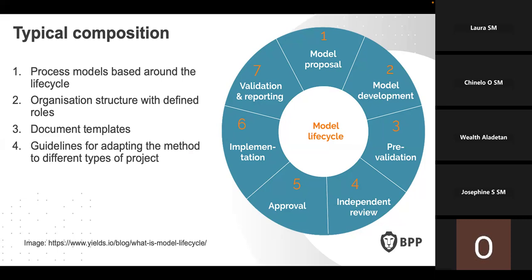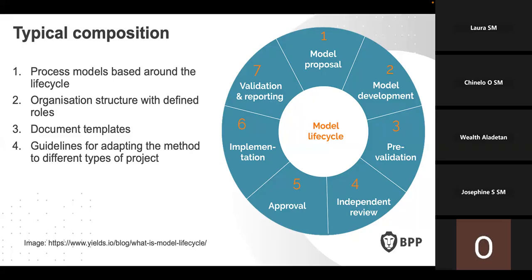Let's just say you have a project and you want to break it down and understand the whole life cycle of the project, everything about the project from A to Z, from the beginning to the end. First, there will be what we call the model proposal. The model that needs to be implemented, you will give a proposal for it: this is the model that we want to work with.